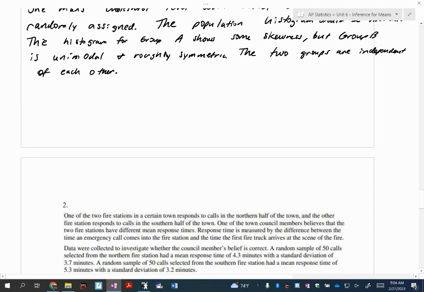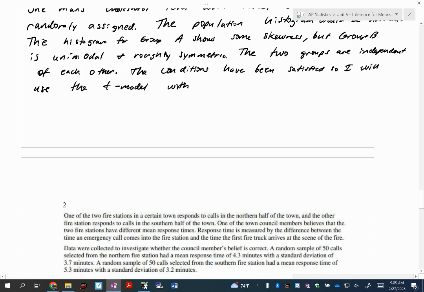Okay, so now I'm going to say the conditions have been satisfied. So I will use the T model with, and I don't know how many degrees of freedom, right?